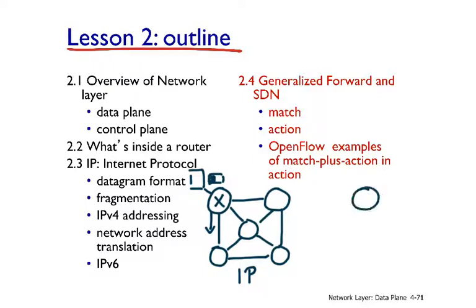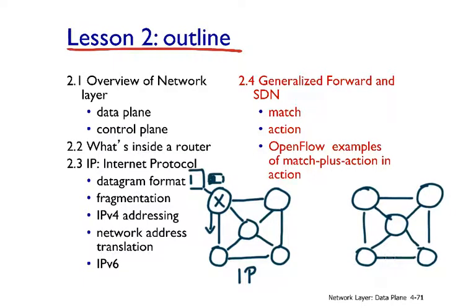Instead, if we have an SDN network, we have the same topology, right? A mesh topology, for example. And in this case, we have SDN. There is a remote controller which is connected to each of the nodes in the network.